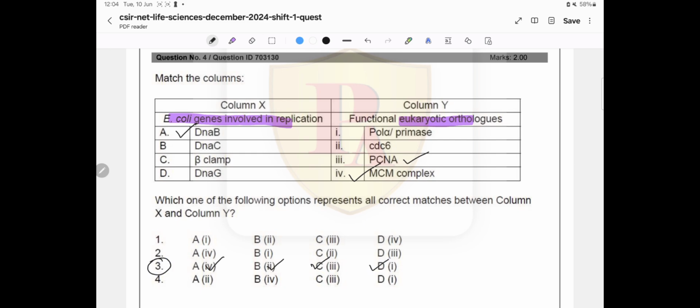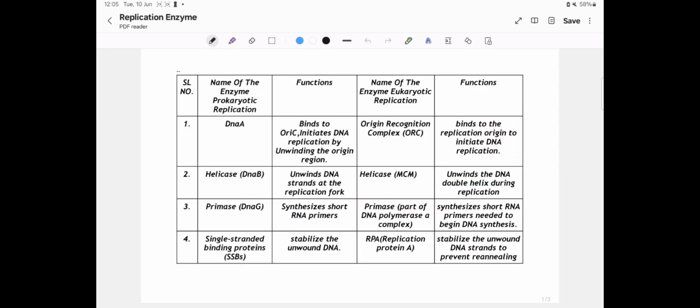Let's check whether we have selected the correct answer or not from that chart. See here, firstly DNA G, that is primase, and it synthesizes short RNA primers, and it acts similarly with DNA polymerase alpha, which also synthesizes short RNA primers for eukaryotic replication.